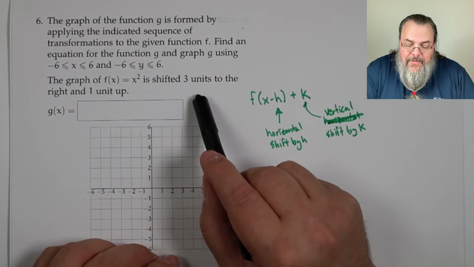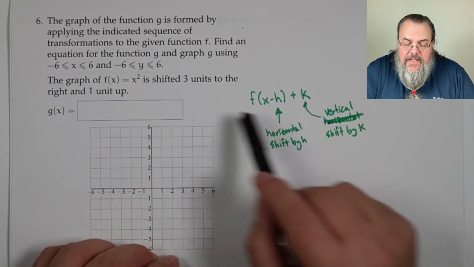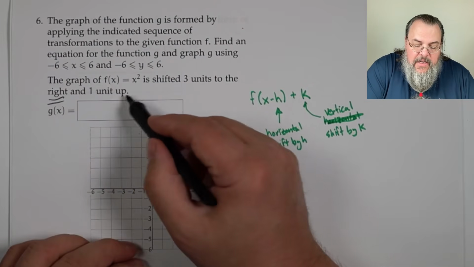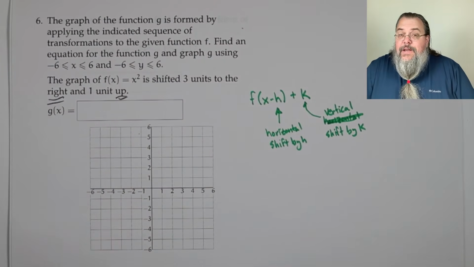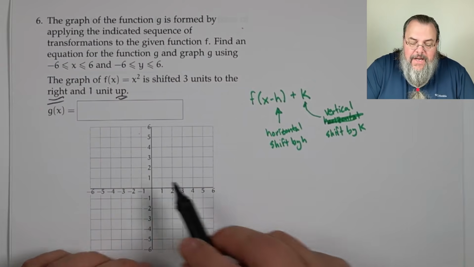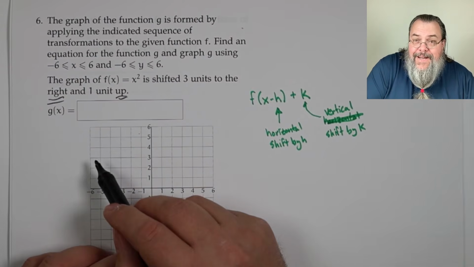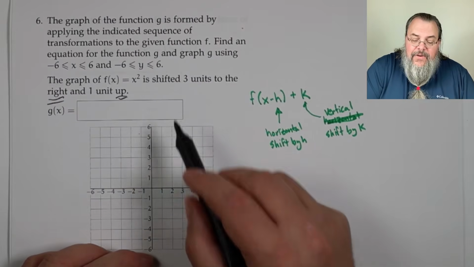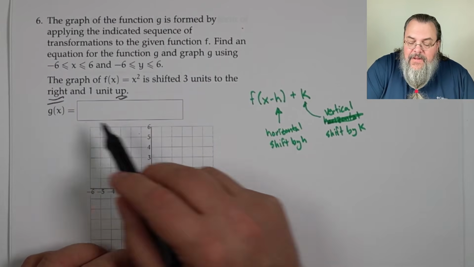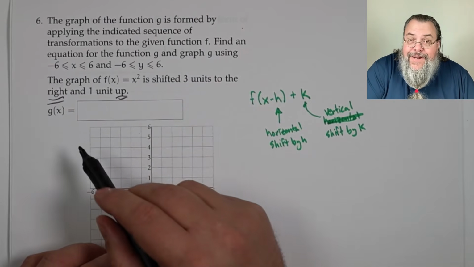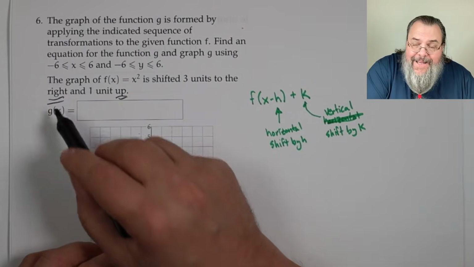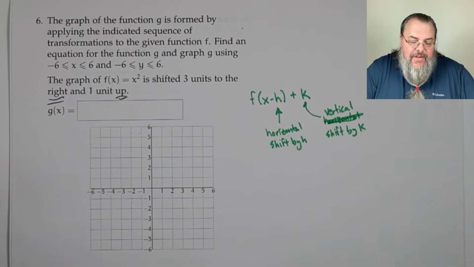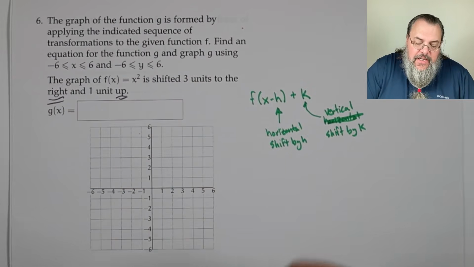Be careful, right? Don't just say h is 3 and k is 1. Look for the words, right and up. Is right a positive or a negative? Is up a positive or a negative? If it had said 3 units to the left, that would be different than 3 units to the right. So pay attention to these words. Words matter. It's not just look at the numbers and ignore the words.